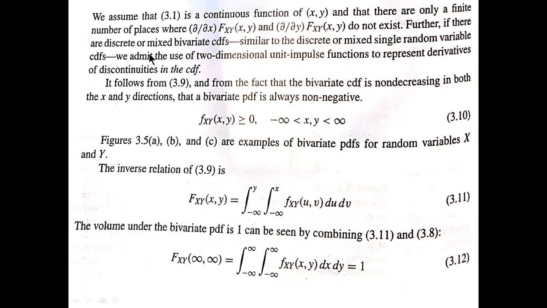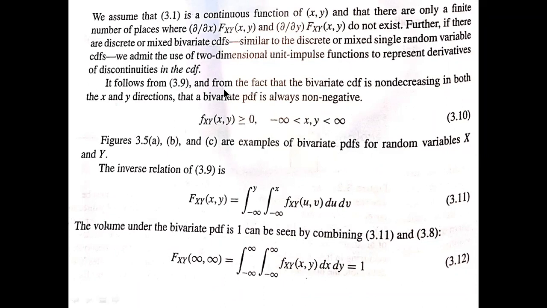Further, if there are discrete or mixed bivariate CDFs, similar to the discrete or mixed single random variable CDF, we admit the use of two-dimensional unit impulses. We generally consider the two-dimensional unit impulse similar to the one which we consider for a single dimension, to represent the derivatives of discontinuities in the CDF.